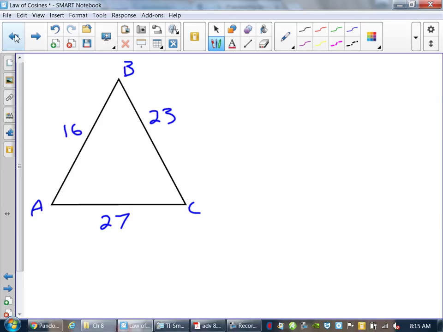But one thing I always want you to remember when you're using law of cosines, if you have to find an angle, basically if you have all three sides, always find the largest angle first. Always. Okay? That's really the only rule I can tell you about for law of cosines.